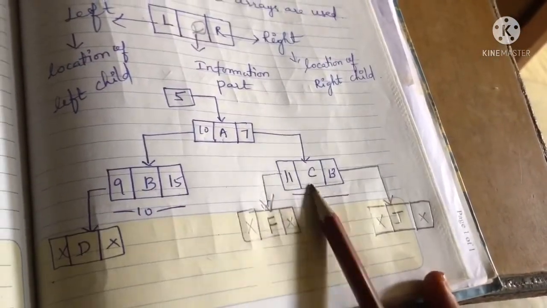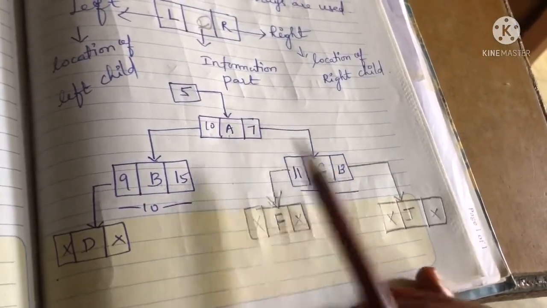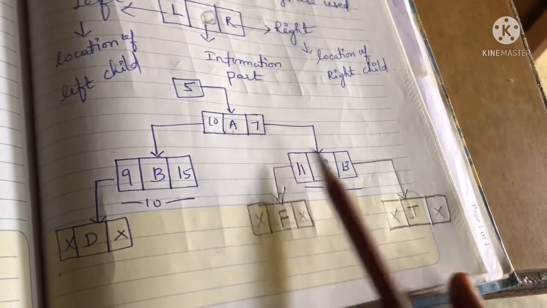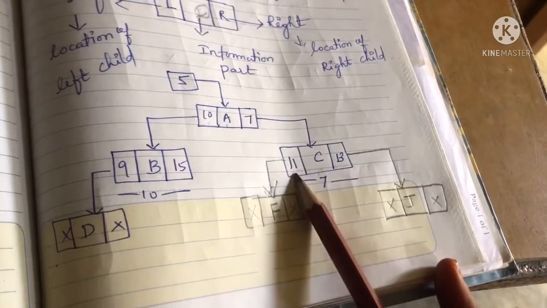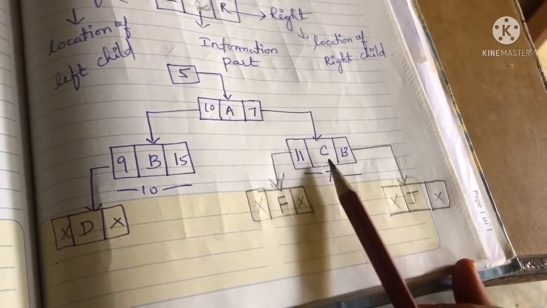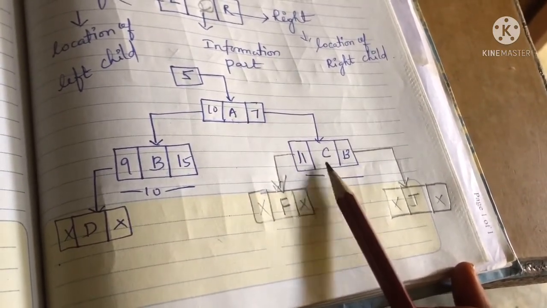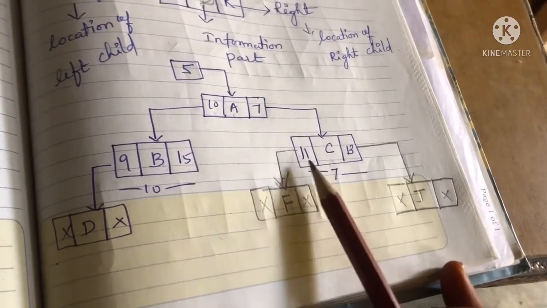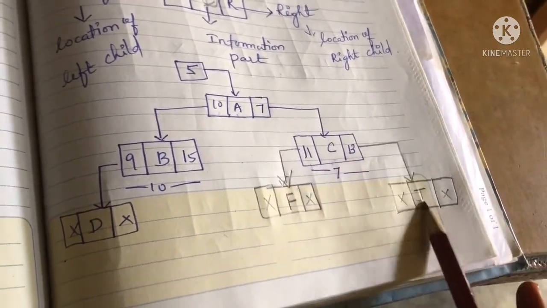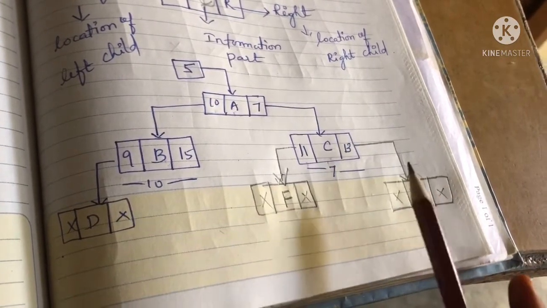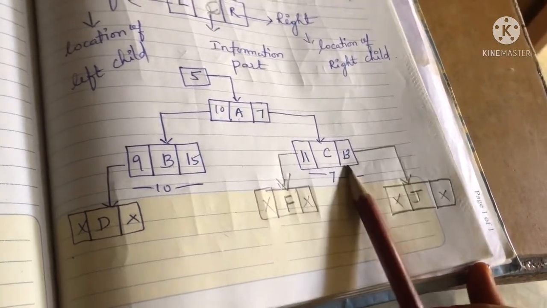Here, C's left child is F, and it is pointing to the 11th location. The right child is J, which is stored in location 30.